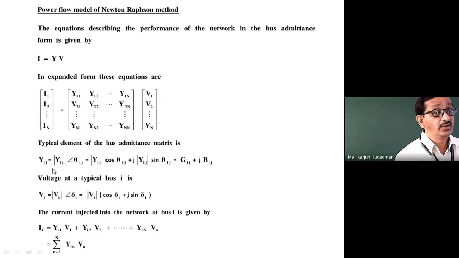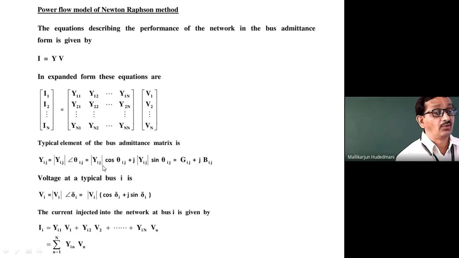Now I could see Yij is either Yij angle theta ij, or it can be Yij cos theta ij plus j Yij sin theta ij. Or in simple notation, in rectangular form, Gij plus j times Bij. The first term refers to conductance, the second term refers to the susceptance part of it.